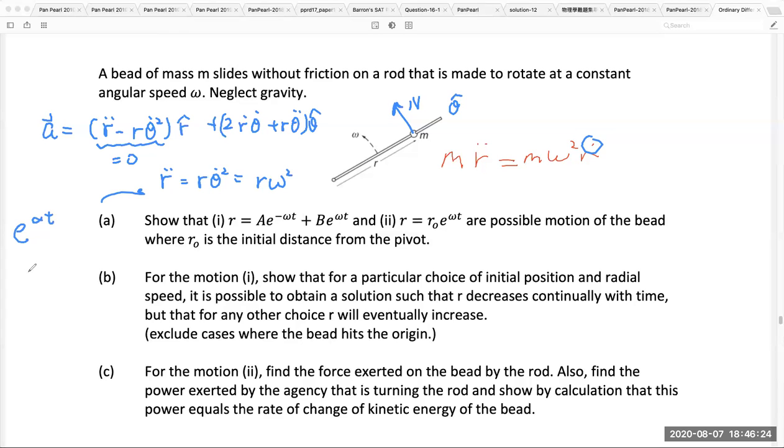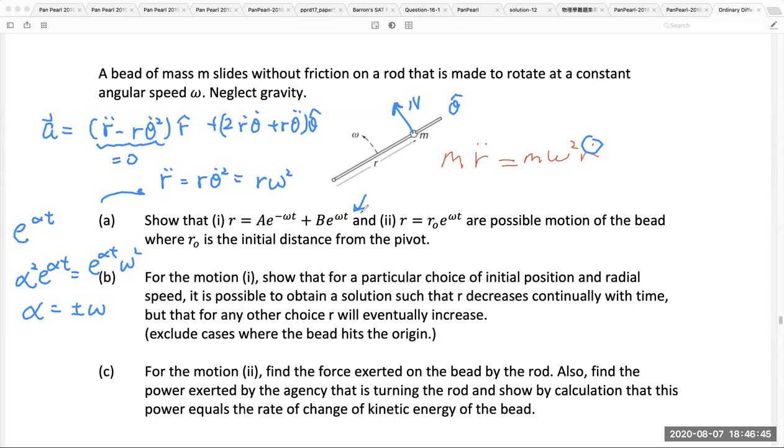So you get alpha squared e to the alpha t equals e to the alpha t times omega squared. Then you get alpha to be plus or minus omega. That's why the solution looks like this.